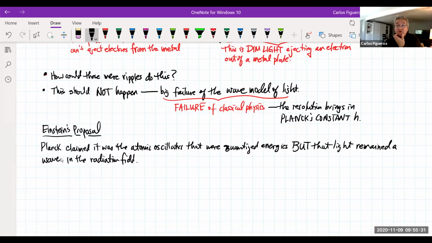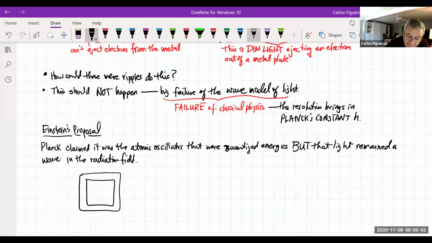What do I mean by that? So picture-wise, I imagine the oven again. When I'm thinking about the oven, remember what I mean by the radiation field: I mean that I have these smooth waves inside of this thing.